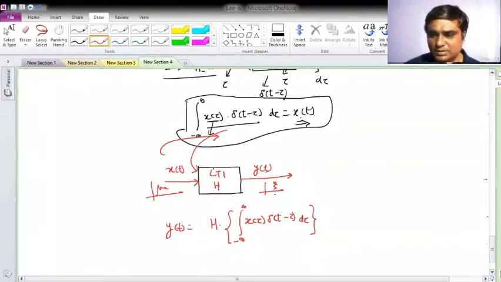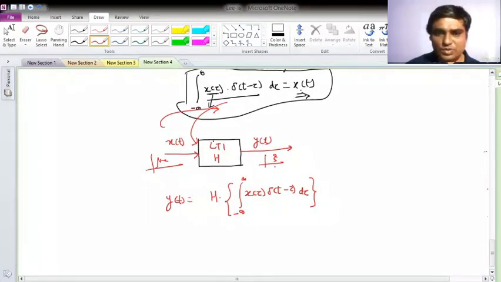So this is what I would like to find out, what is h of t, what is y of t. If I apply this operator on it, it will not affect x of tau, because this is a constant magnitude, some scalar value. So I'll take x of tau as it is, but it will affect the delta function, delta of t minus tau.